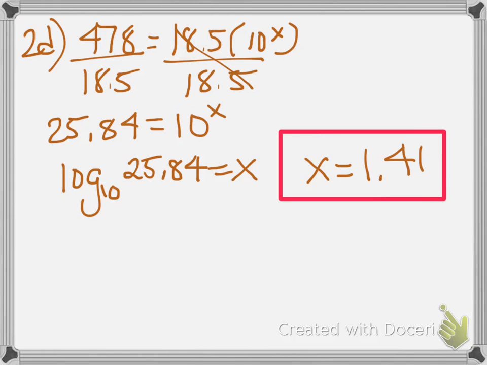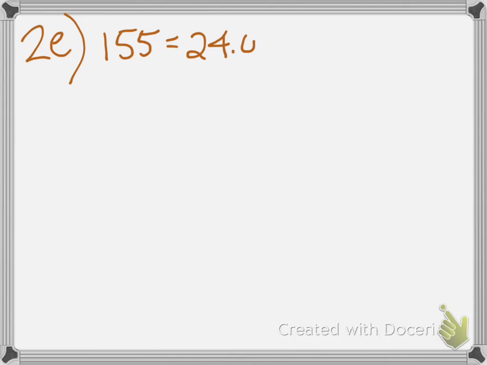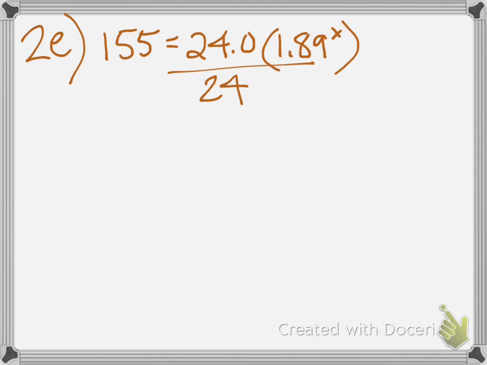I'm going to just go to the next screen so that's not all mixed up. So we have 2e says 155 equals 24.0 times 1.89 to the x power. Divide both sides by 24.